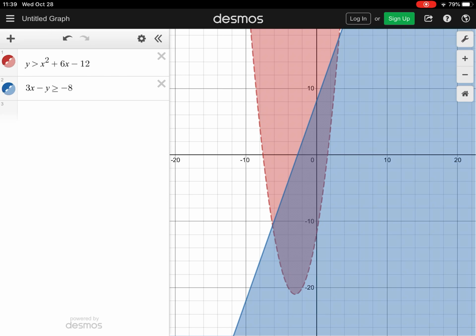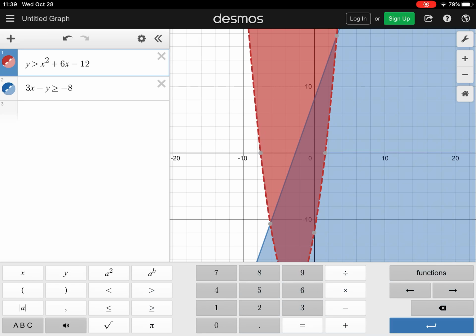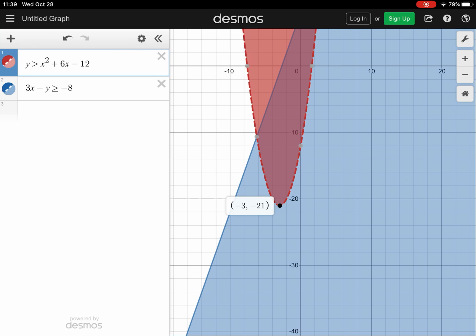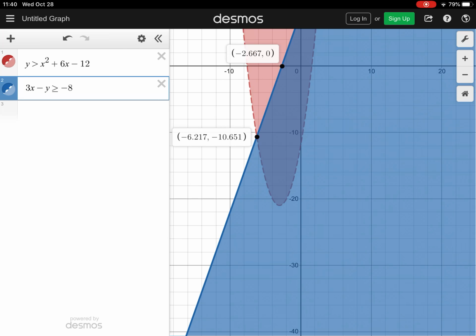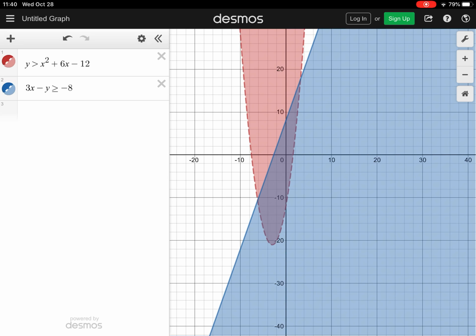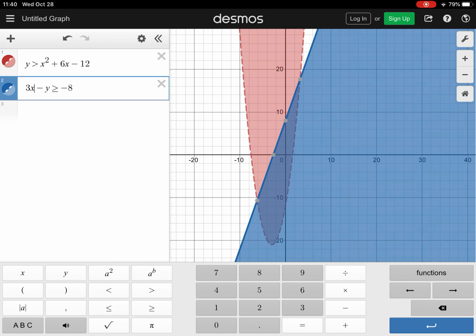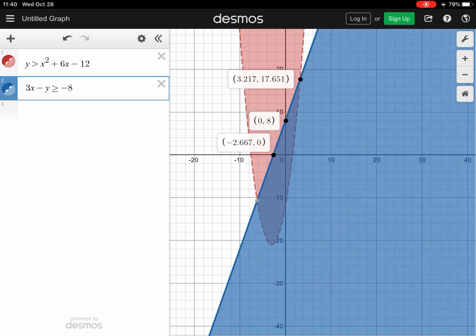All right, so here's what my graph looks like. My graph that I used is terrible because this one goes way down. Okay, so I have a vertex at negative 3, 21. So maybe I want to know those points to sketch a rough picture. For the blue one, I want to know any of the other points that it gives me. It's helpful.